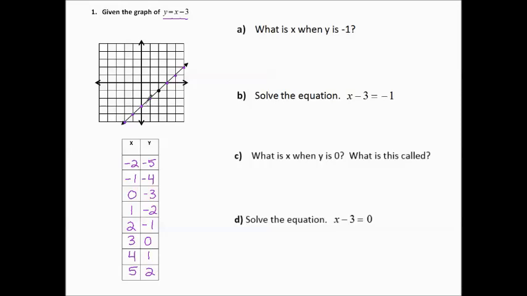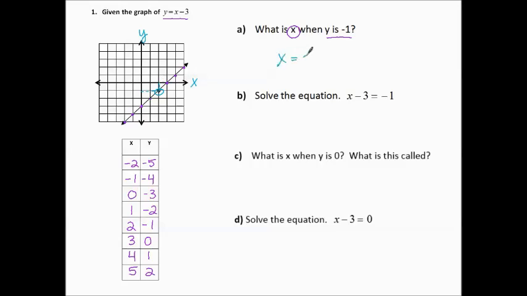We see we have a linear pattern represented by a graph and now represented by a table. So let's answer our question here. A, what is x when y is negative 1? This question wants to know when the value of y is negative 1, what is the value of x? So let's first take a look at our graph and find when y, remember that's this axis, is negative 1, we come over so we can see what value of x, and we go up to figure out what x is.